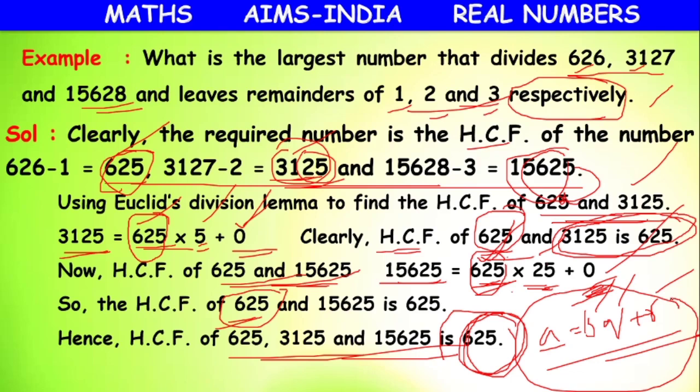In Euclid division algorithm also, that lemma is used repeatedly until the remainder is 0. So if you are perfect with the concept of the division rule, then you can easily solve the problems of Euclid division lemma and Euclid division algorithm.